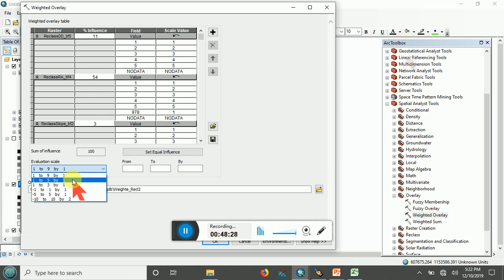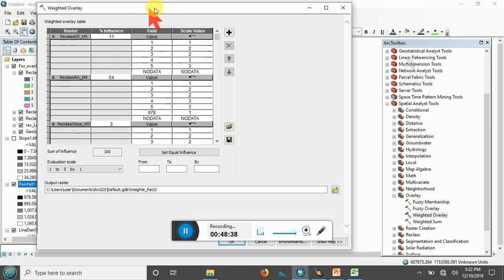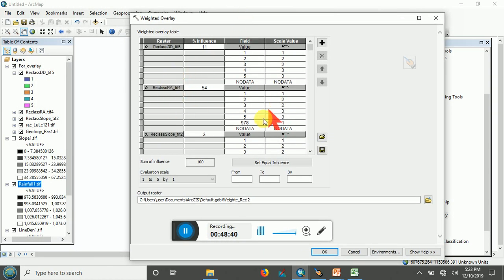So please try to put this one 1 to 5 by 1. So the rainfall is going to be okay. This is just no data value because we don't have more than 5 scale.